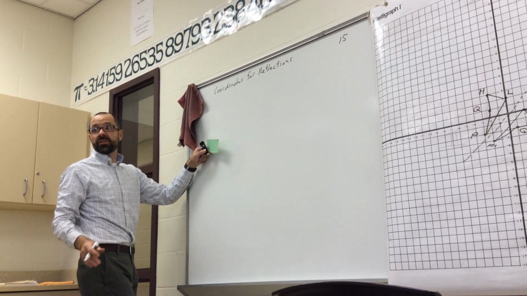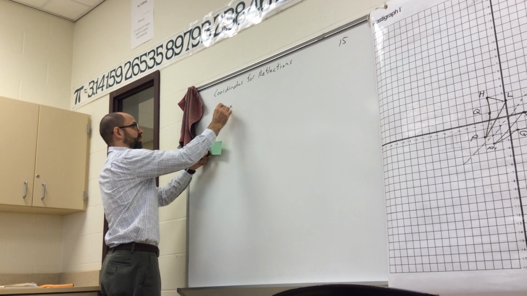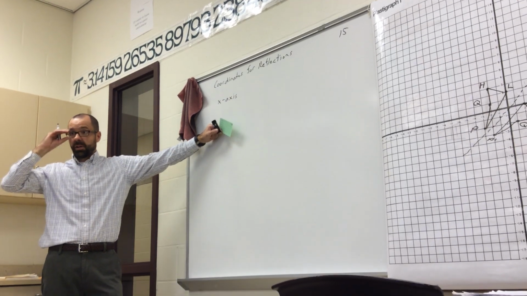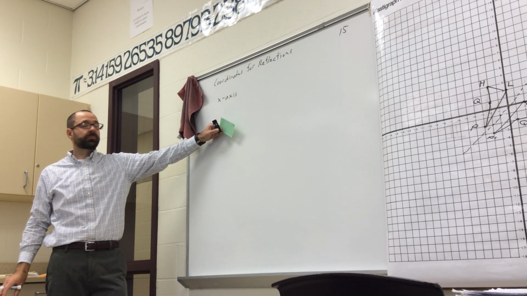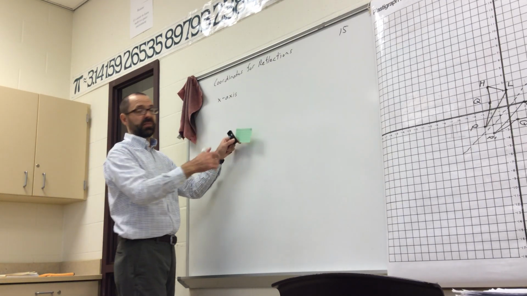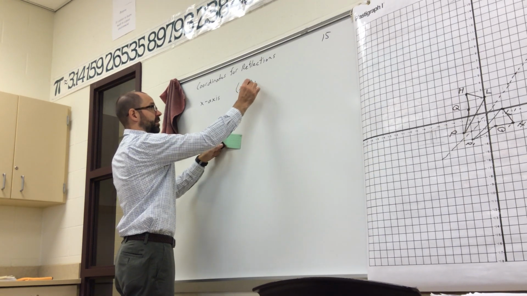And the first kind of reflection we did was a reflection across the x-axis. That was number one. And so I just erased it, but what happened was the point x comma y.